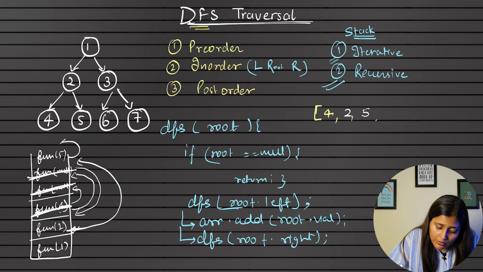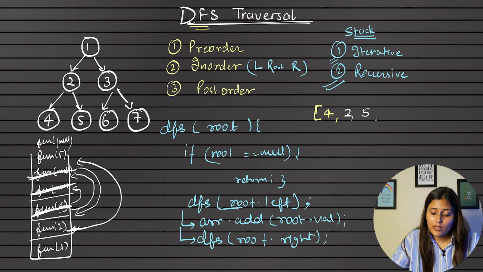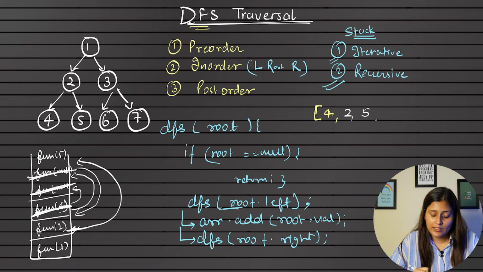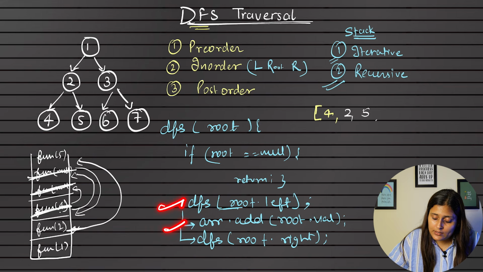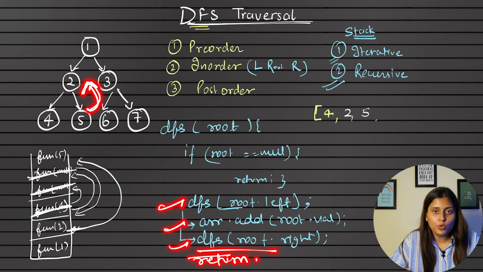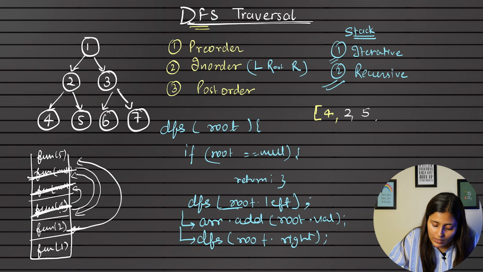So now this time we will call function 5.right, which is again null. So now null will also get returned. So can I say this will get removed? Done. Let's remove this. Now this done, this done, this done. After this line also by default it will get returned, which means 5 will return to 2. So let's remove 5, 5 returned. This also.